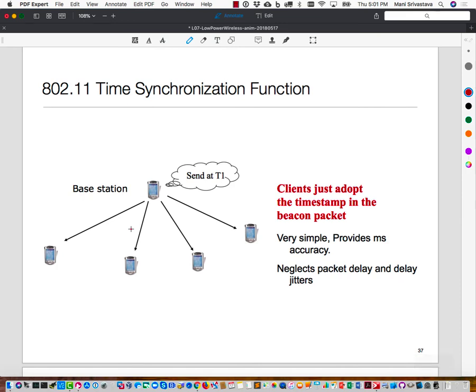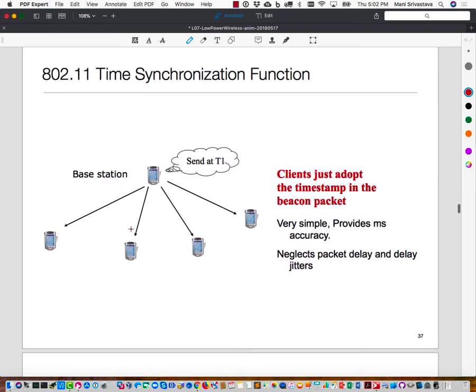The basic idea here is the base station says this is the time, and then everyone tweaks the clock according to that. It's reasonably accurate for the purposes out here. It's not a terribly accurate time synchronization, but all you're looking for is to be within millisecond type ranges, and that works out perfectly fine.